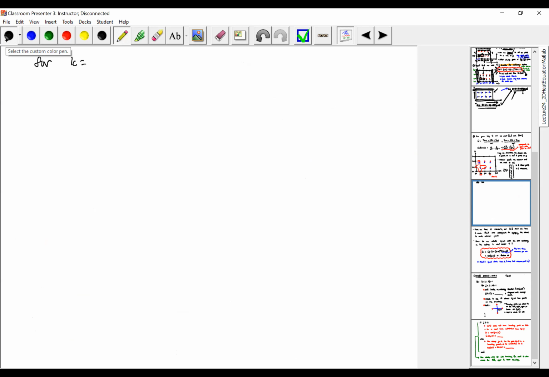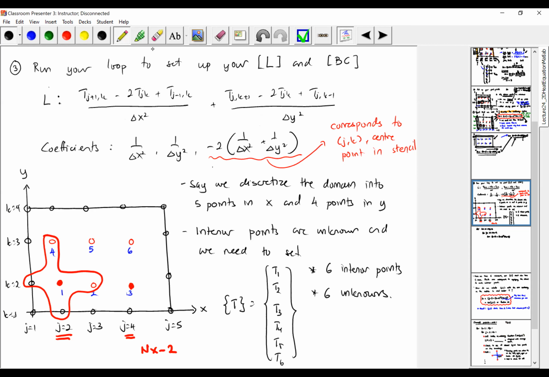So when you write it this way, you are going to loop it from 2 to ny minus 2, and then you're going to loop it from 2 to nx minus 2. Once you have these 2 loops, what is the first thing you need to do? You need to reorder your numbering system. So you have j minus 1 plus k minus 2 times nx minus 2 if we are using this numbering system.